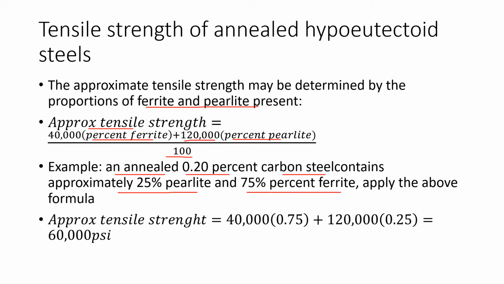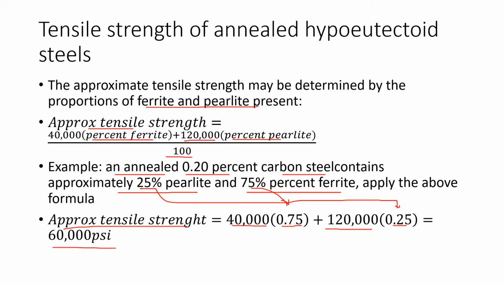Applying the above formula, the approximate tensile strength is equal to 40,000 multiplied by 75%, which is 0.75, plus 120,000 multiplied by 25%, which is 0.25, which is equal to 60,000 psi.